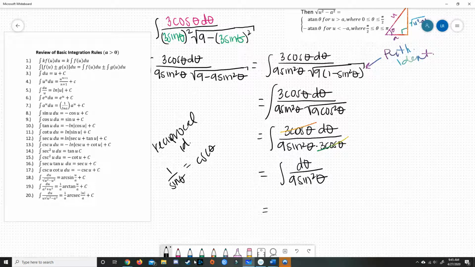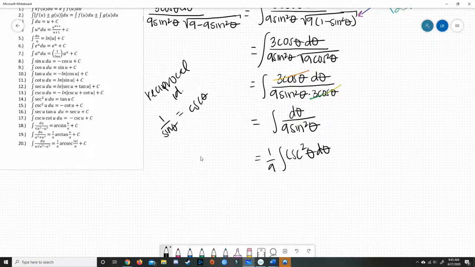Meaning I can rewrite this as 1/9 cosecant squared of theta. And now I can integrate this, because I have this rule right here. The integral of cosecant squared of theta is negative cotangent. So this becomes negative 1/9 cotangent of theta plus c.